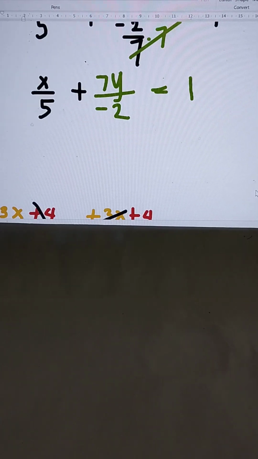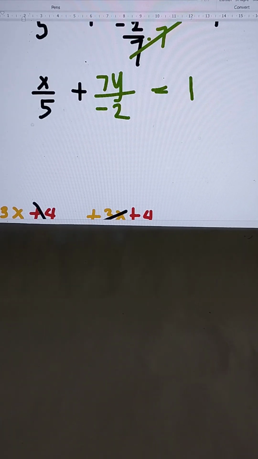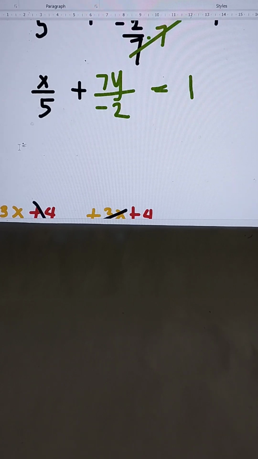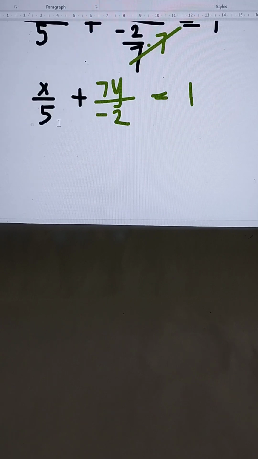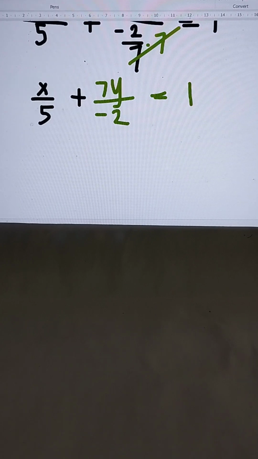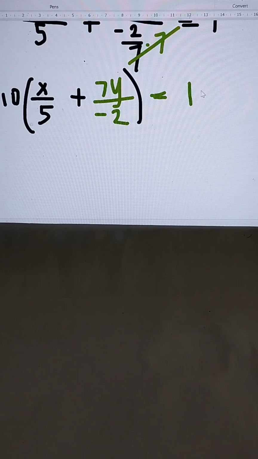Now to skip the fractions, we multiply both sides of the equation by the LCD. The LCD of 5 and 2 here is simply 10. So multiply the left side by 10, and multiply also the right side by 10.